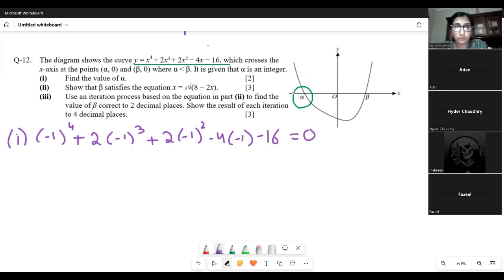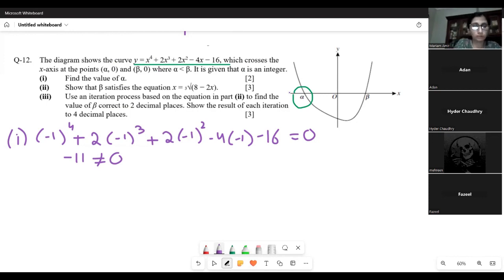Plus 1 and then -2 and then plus 2, then plus 4, then minus 16. It gives -11. Did anybody else get -11 or should I recheck this? Okay. So the root is definitely not -1.